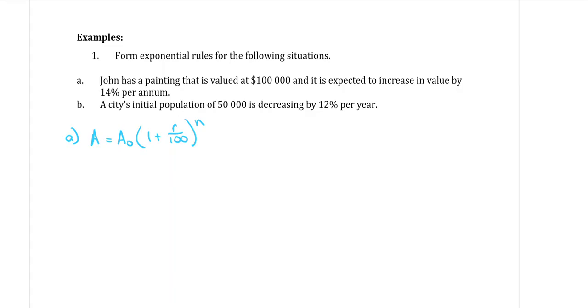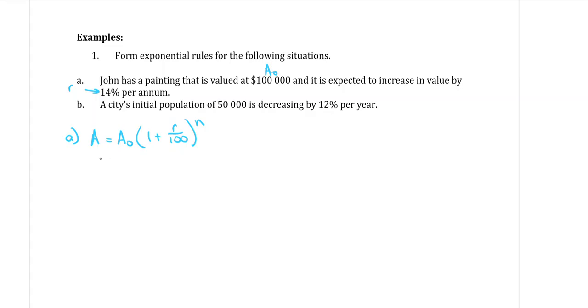Okay, so the starting value of the painting is the 100,000, so that's the A0. The 14% here is the r. I don't know what n is, that's why I'm making an equation here. So it will still be in an equation form when I finish this off.